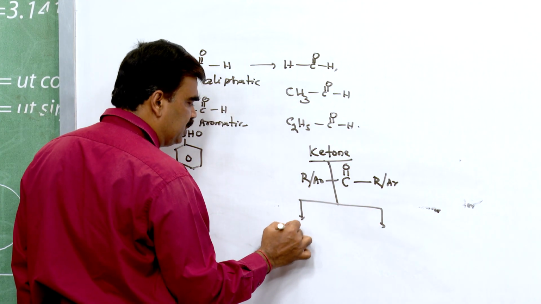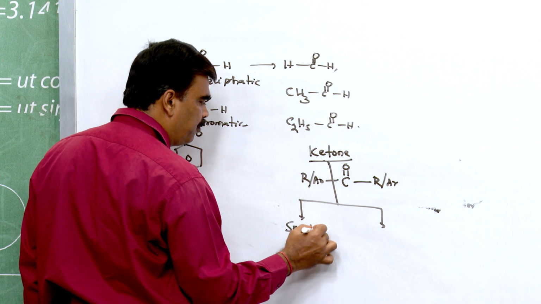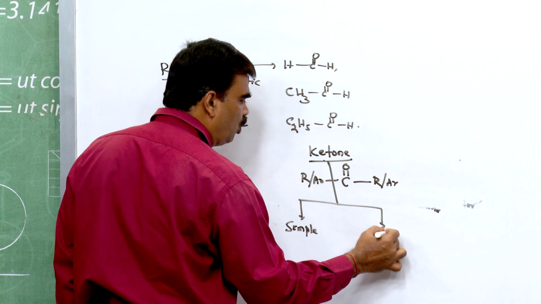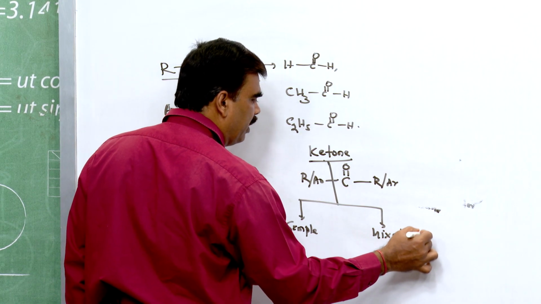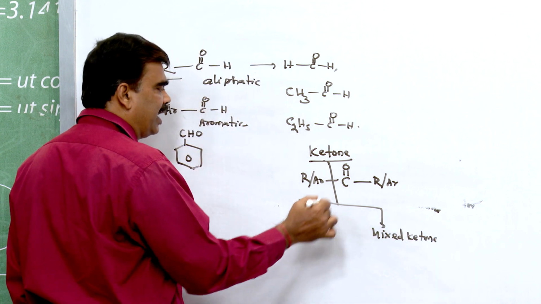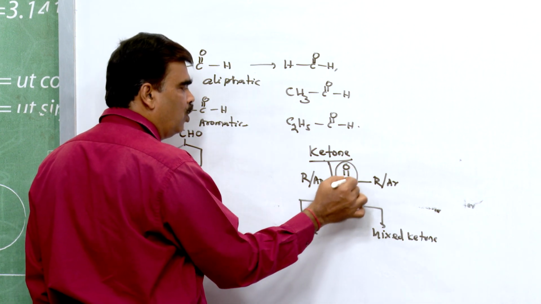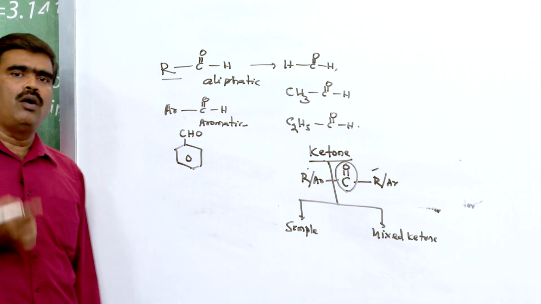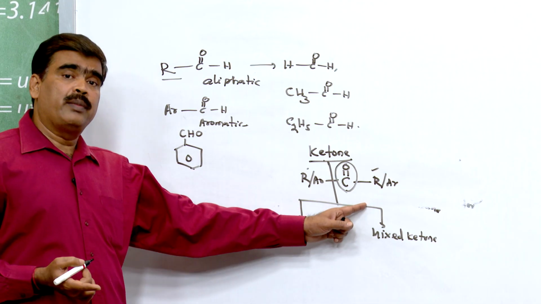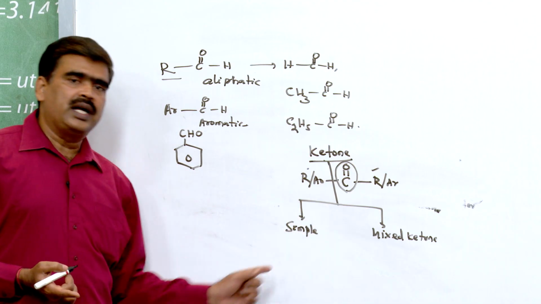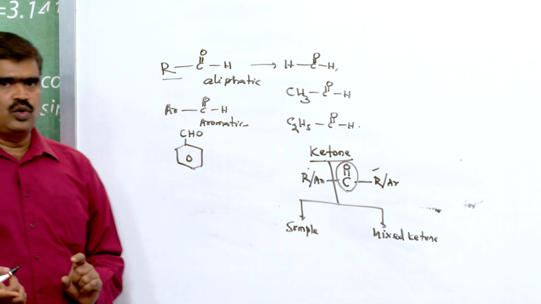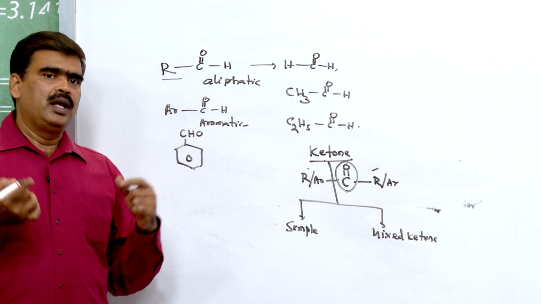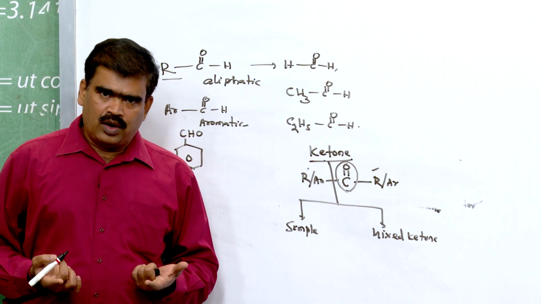One is a simple ketone, another is a mixed ketone. Remember, in ketone, the carbonyl group is bonded to alkyl or aryl groups. It can be aliphatic or aromatic. If at one side only one aryl group is bonded, it will be called aromatic.